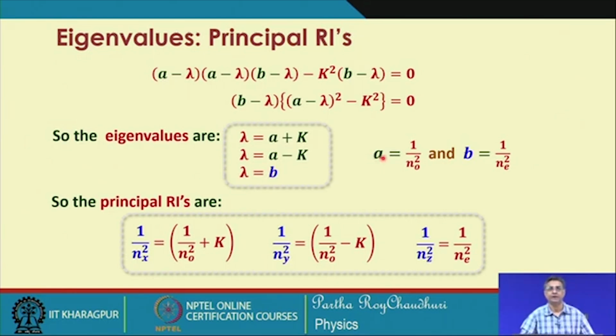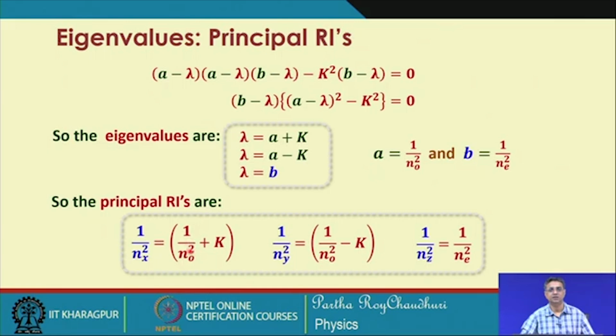Therefore, we get the eigenvalues, because we have substituted a equal to 1 by n o square and b equal to 1 by n e square. If we substitute it back, then we can write the eigenvalues lambda equal to 1 by n o square plus k and 1 by n o square minus k, which are exactly the same as we obtained from the Euler angle rotation.